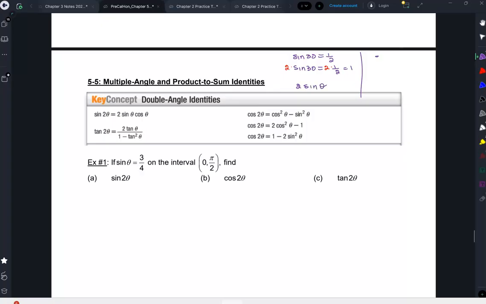As opposed to, let's start again with sine of 30. We know that's a half. And now suppose I want to do sine of 2 times 30, right? Do you see where the 2 is this time? It's inside with the angle. That makes it sine of 60, which is root 3 over 2.